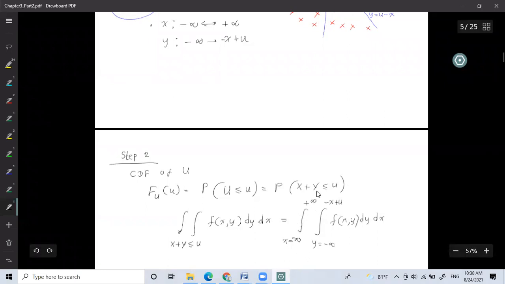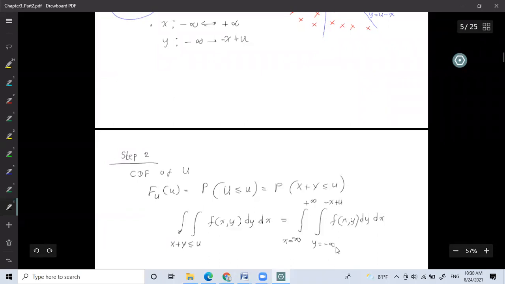Likewise, this limit of negative infinity to plus infinity will change according to your exact question. If x is a normal distribution, it will remain at negative infinity up to plus infinity. If it is an exponential, x will go from 0 up to plus infinity. So you have to keep that in mind.